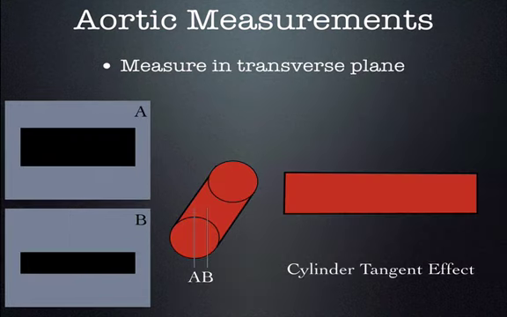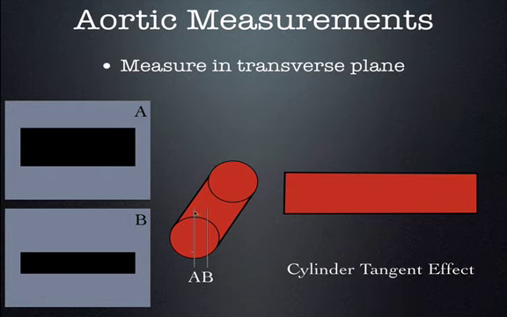We talked earlier about cylinder tangent effect, and that's a phenomenon that you can deal with when you try to measure the aorta in long axis. Now remember, when you go from transverse to long axis, the image will go from a circular appearance to more of a cylinder appearance. If the probe is positioned in long axis directly over the midline of the aorta, as is shown here in image A, then you would get an accurate measurement of the diameter.